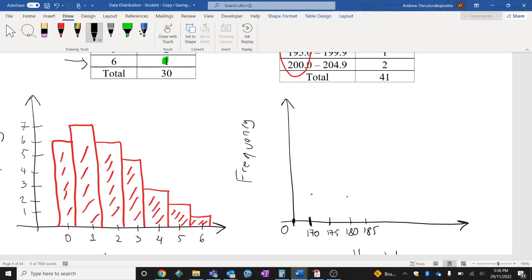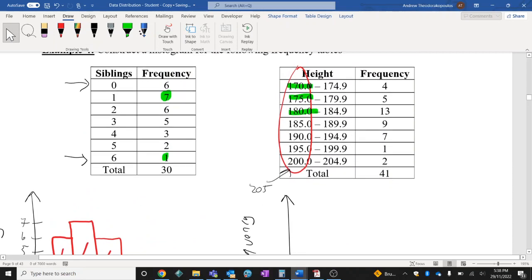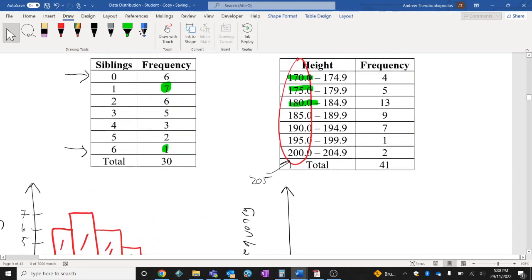185, 190, 195, 200, and maybe we do one more. You always do the last number plus one more, so let's go up to 205. That way you can close it off, and you'll see why in a second. Now the frequency, our biggest number is 13, so I think it's fair to go up by, let's say, 5s.